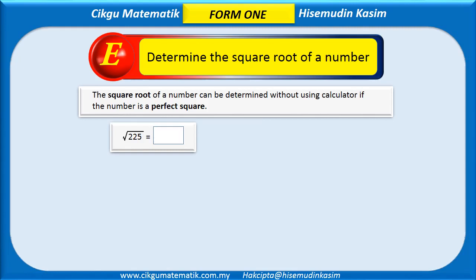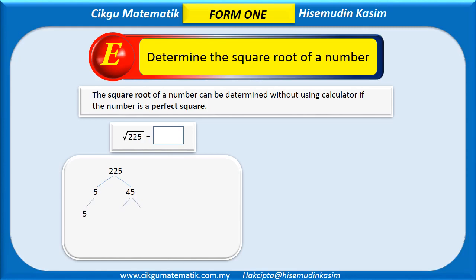The square root of 225. 225 equals 5 times 5 times 3 times 3, which equals 5 times 3 times 5 times 3, which equals 15 times 15.